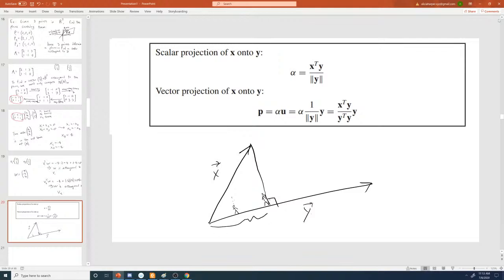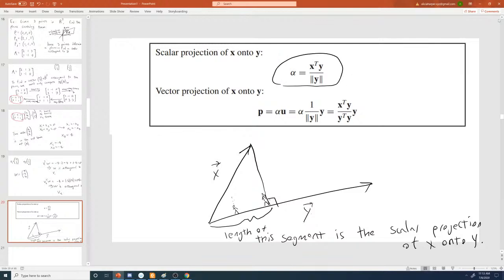Then the length of the segment is the scalar projection of x onto y, and it's given according to this formula. You take x transpose, multiply it by y, and then divide by the length of y. So that's one of the notions.